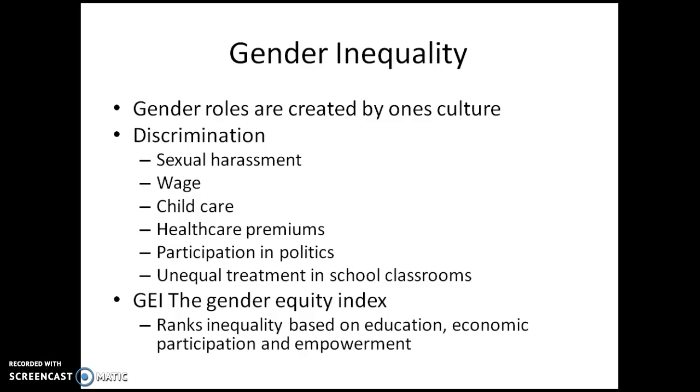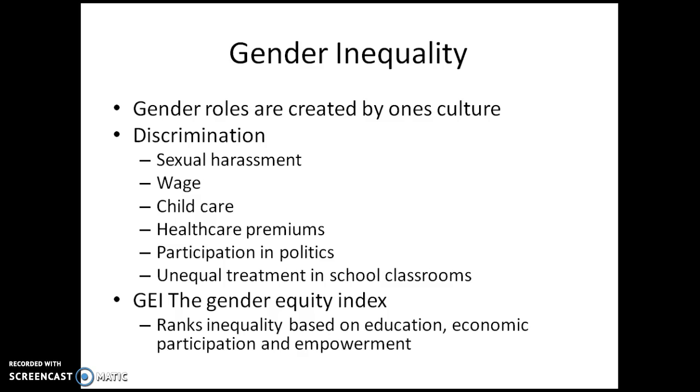Discrimination that we see when it comes to gender, we tend to see discrimination when it comes to sexual harassment, wages, that means the amount of money they earn, childcare, healthcare premiums, participation in politics, and unequal treatment in school classrooms. So let me go back to a couple of these really quickly. First of all, childcare. The way people are discriminated against in childcare is typically with the women.